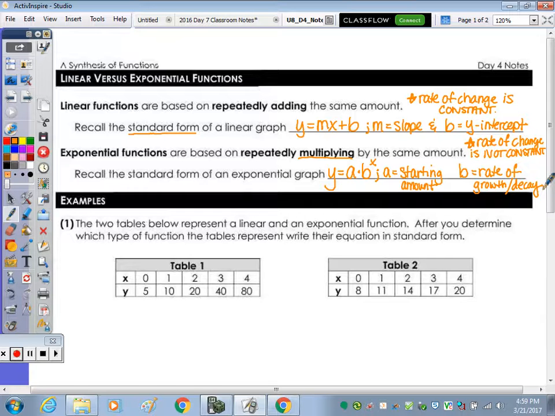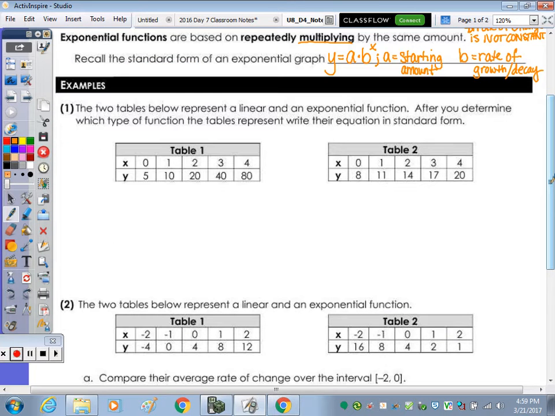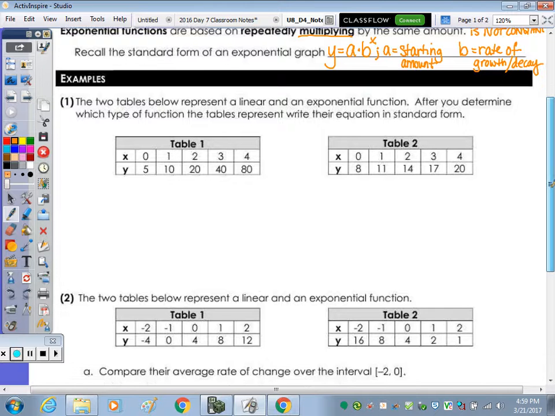So we have two examples. It says the tables below represent a linear and an exponential function. After you determine which type of function the tables represent, write their equation in standard form.